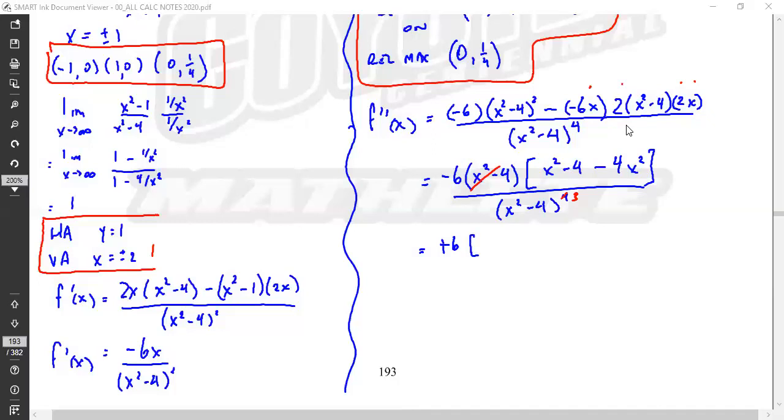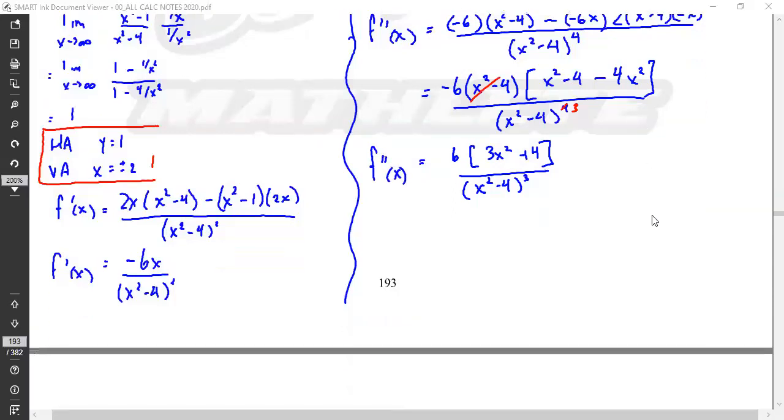That leaves me with, what do we have here? That's negative 3x squared in the square brackets. So we common factor out negative. This ends up being 3x squared plus 4. We've common factored out that negative. What do we have left downstairs? X squared minus 4, all cubed. So this is our second derivative.